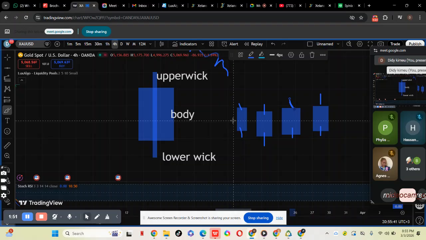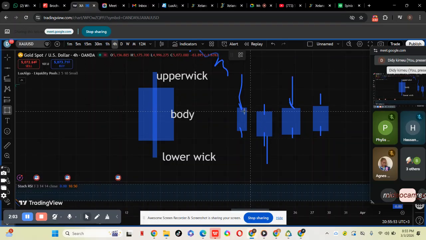For us, it doesn't matter how big or small the wicks are. To identify the consolidation, we don't look at the wicks. We only focus on the body.